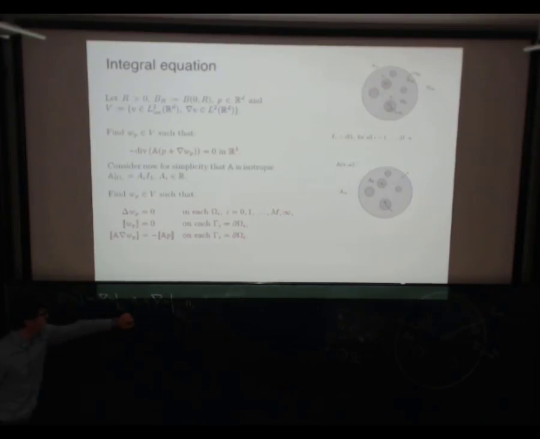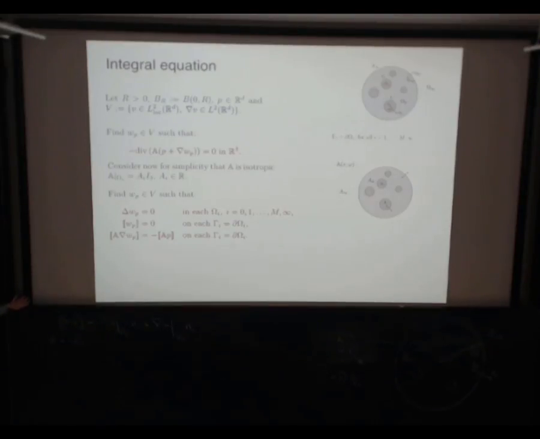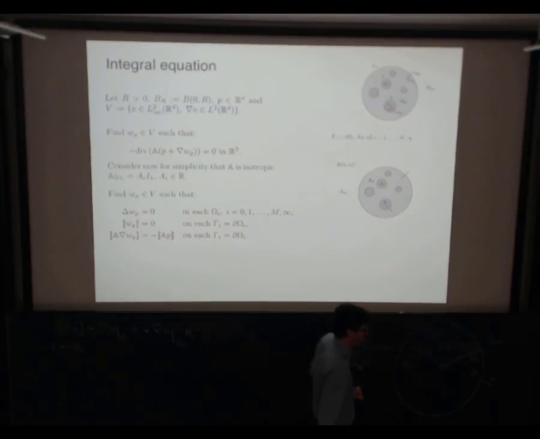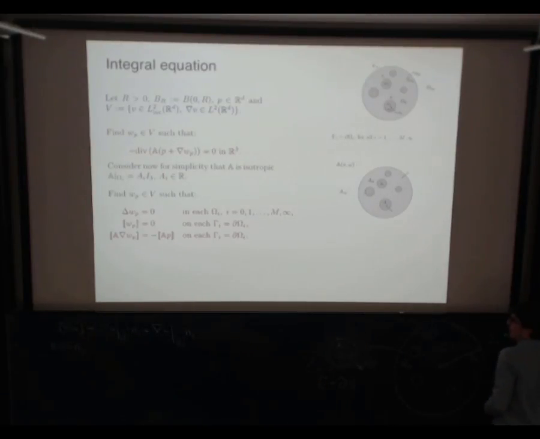So I write it as a sum, but note that the normals do jump, they change signs, because ni is minus n0. So somehow this is standard notation in discontinuous Galerkin, but this has the advantage you don't need any convention. Okay?